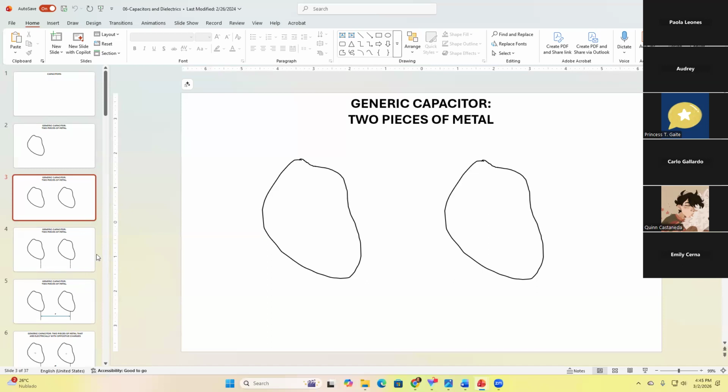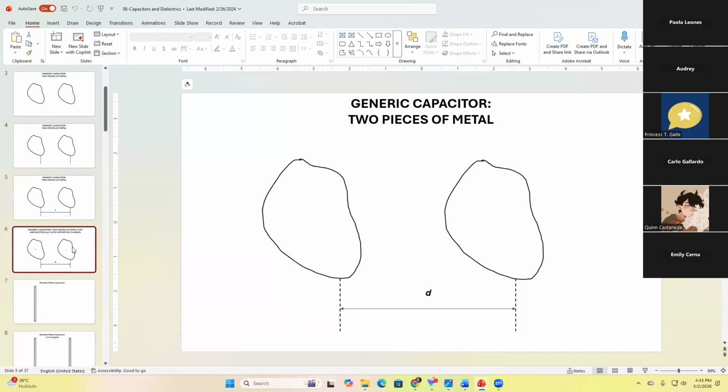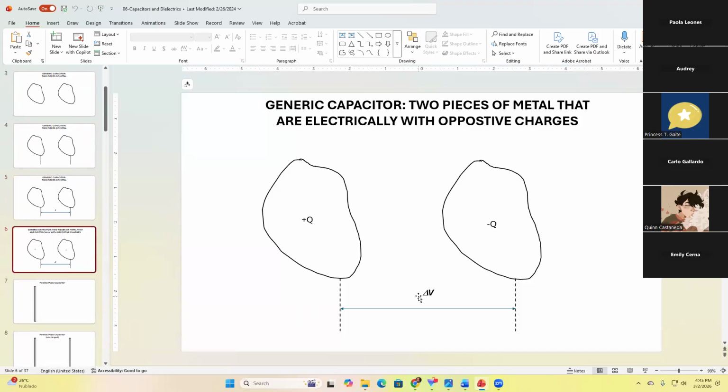How do you charge it, right? Okay, here you go. I'm going to connect those two devices to something else that's going to allow me to charge each one separately. So let's say those two lumps of metal are separated by a distance d, and then I can apply a potential difference between them. What do I mean by applying a potential difference between them?